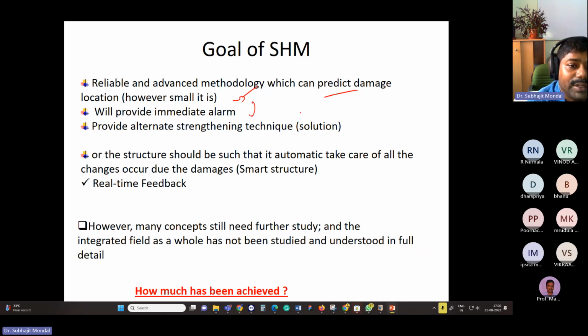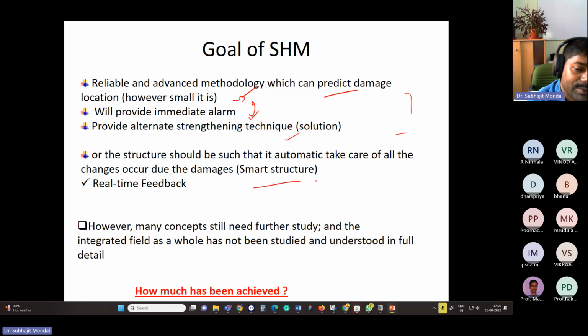The method should also be capable of giving an alarm that yes, there is some damage, something is wrong with the structure. If it gives the alarm, then obviously we should go for an alternate strengthening method. This way, we can go for structural health monitoring of a structure.